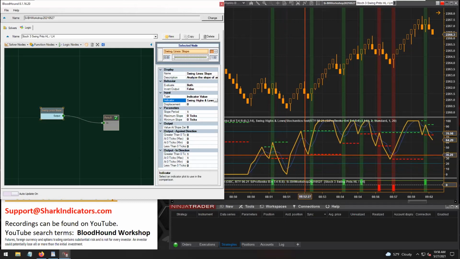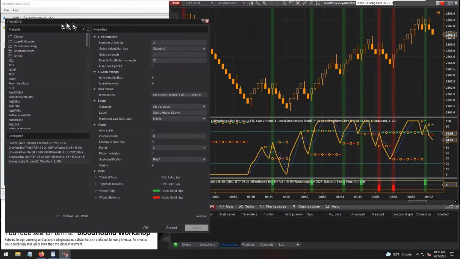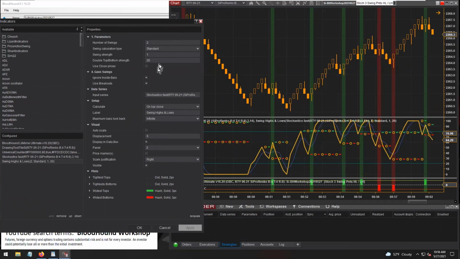However, the swing indicator is not detecting that swing low for some reason. So I'm going to open up the swing highs and lows indicator again, and I'm just wondering if there's some other setting I can adjust to help detect that swing low there.